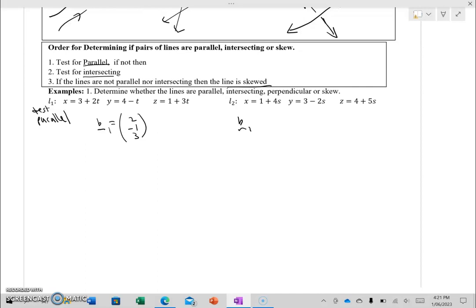And over here, the other line, B2, it's going to be the coefficients of the parameter S: 4, negative 2, and 5. I can take ratios of the x components, y components, and z components and see if they're equal. 2 over 4 does equal negative 1 over negative 2, that's a half, but that does not equal 3 over 5. So therefore, lines L1 and L2 are not parallel.